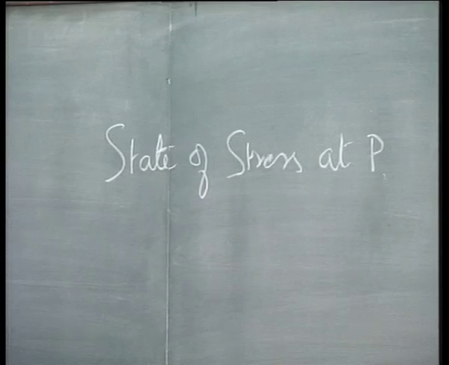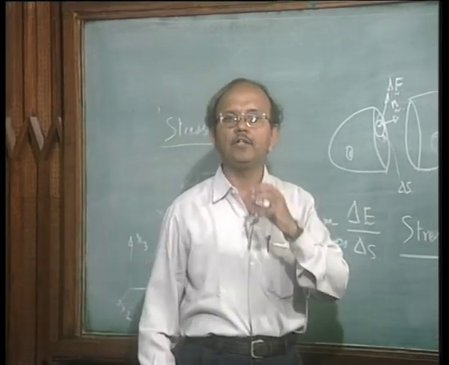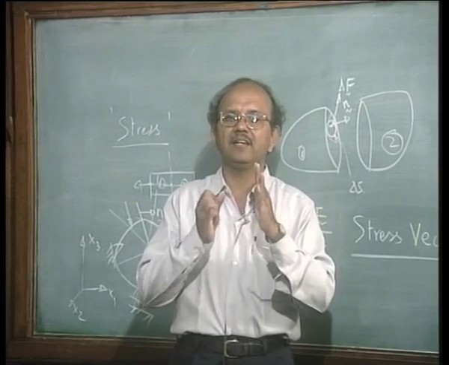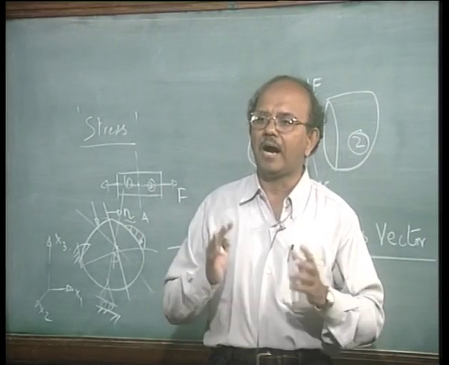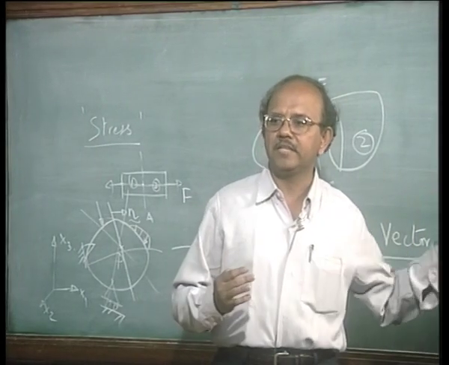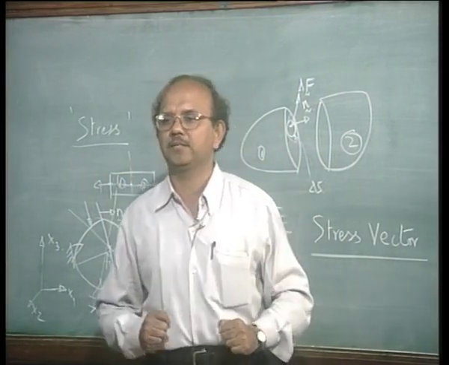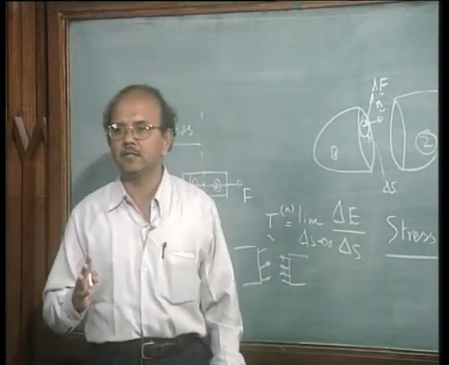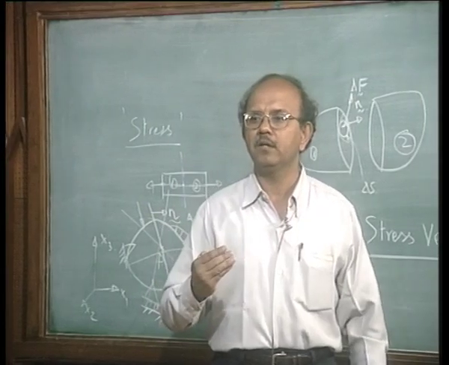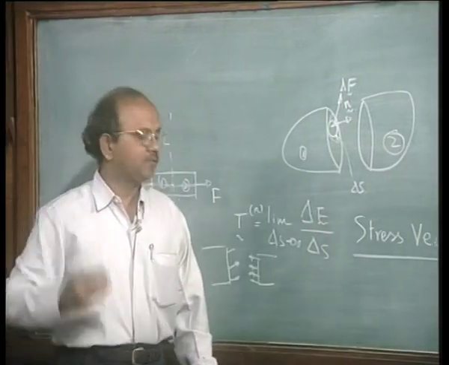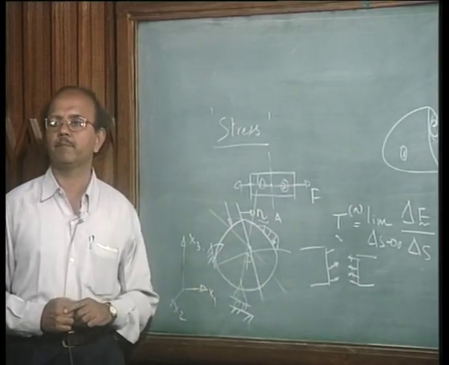Now from this definition, it is clear that if I am able to define certain planes very nicely, then I can say that state of stress is related to certain well defined planes. Or in other words, what is a plane which is easy to define for you and me? Yeah, so that plane is defined by my coordinate systems.